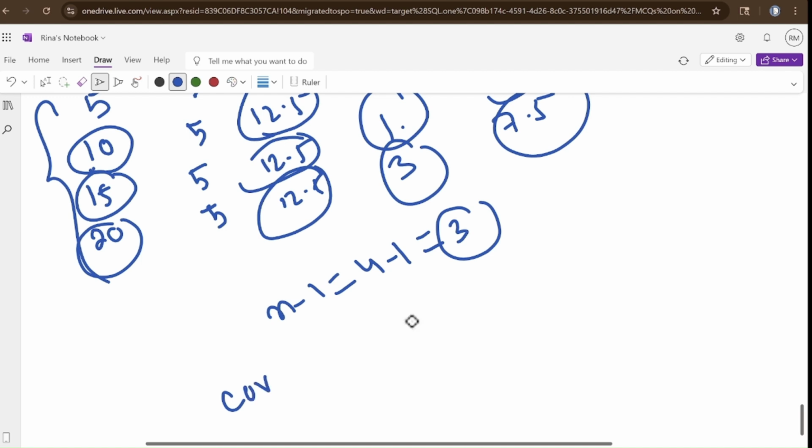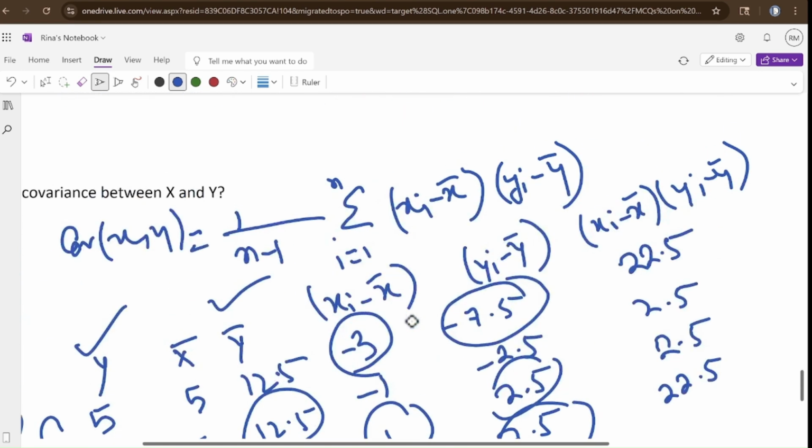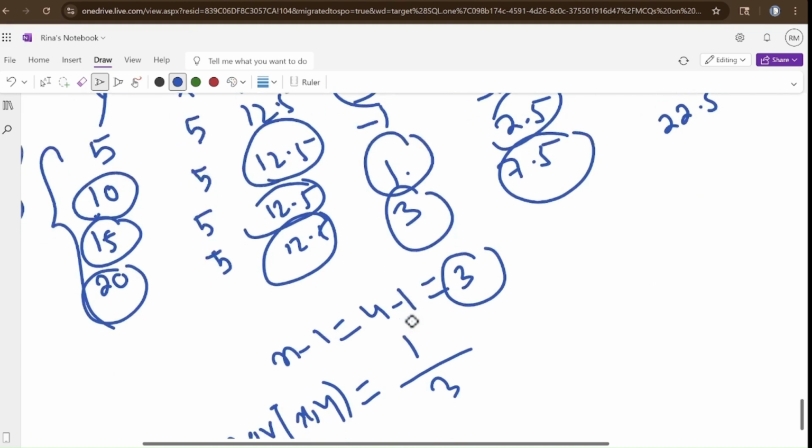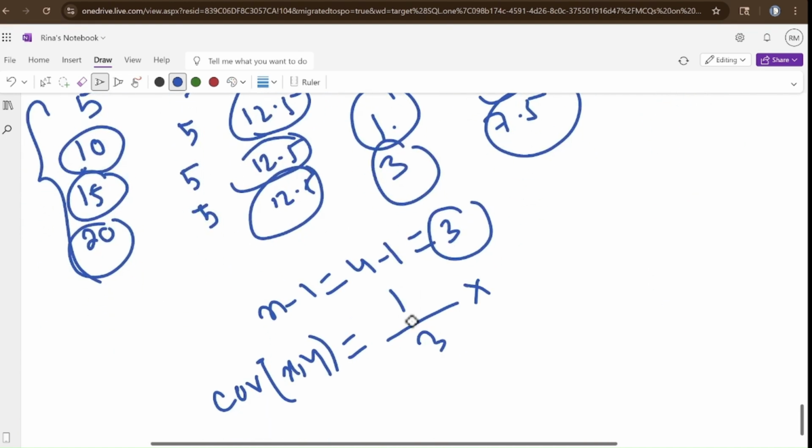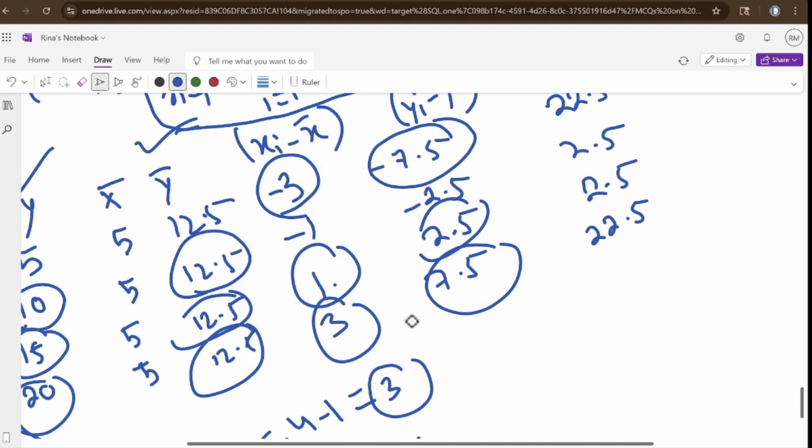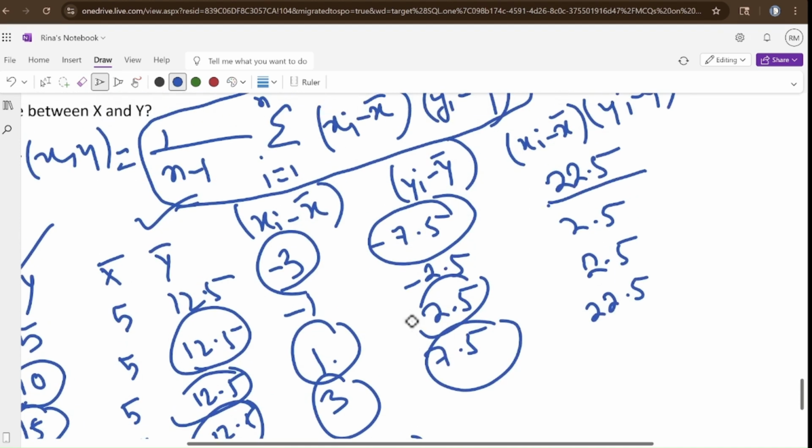So we can write covariance of x comma y equals 1 divided by n minus 1 into whatever our value is. See the formula once again. Here we have to add all the numbers: 22.5 plus 22.5 is 45, plus 5, so this is 50.